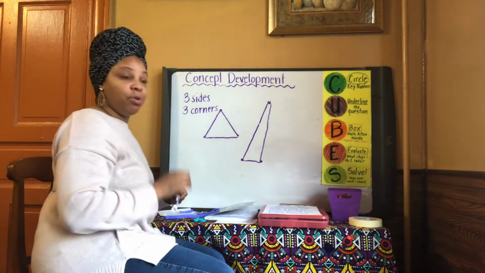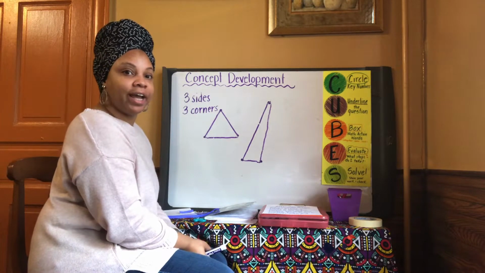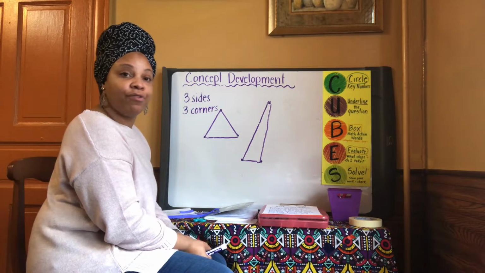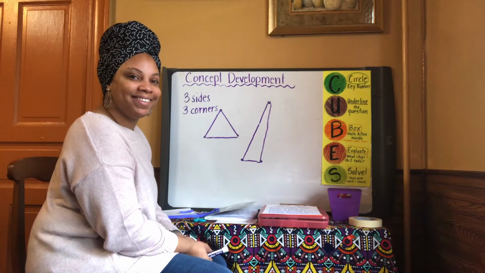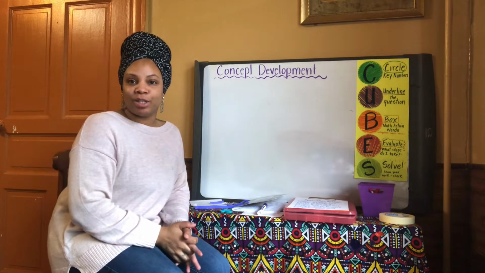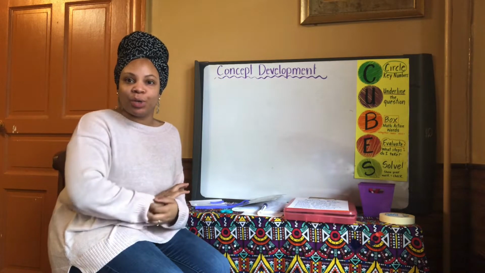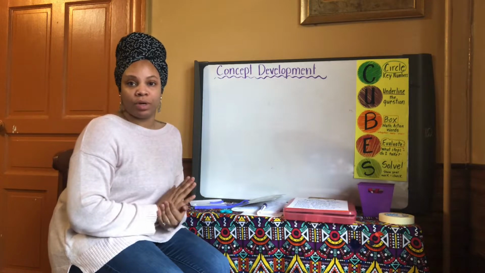All right, Congo, I'm going to erase the board. And we're going to move on to building 2 more shapes that have different attributes. This time, we're going to build shapes that have 4 sides and 4 corners. All right, Congo, so this time you're going to have some more room to show your Kuumba, okay? This time I want you to build your own 4-sided shape.